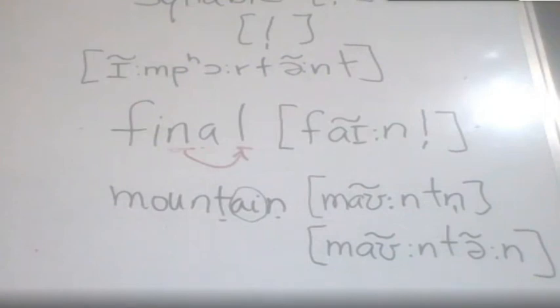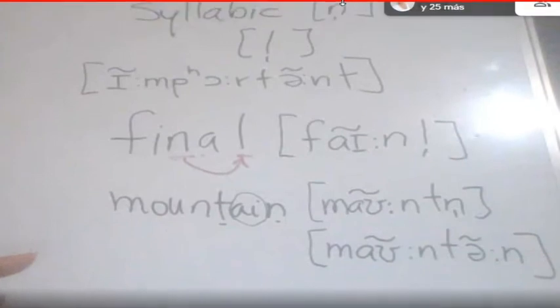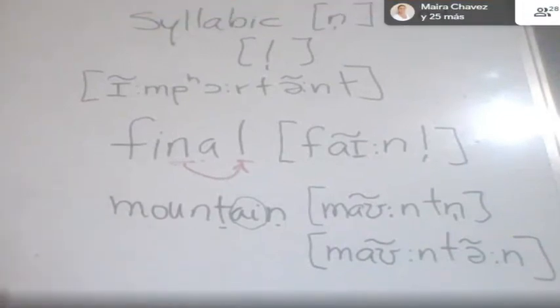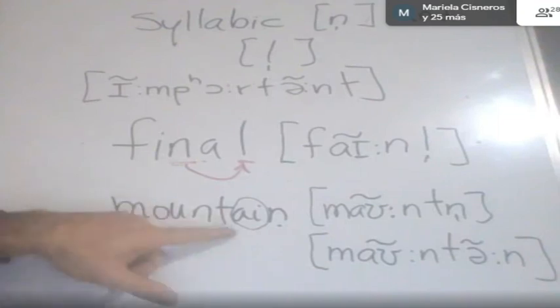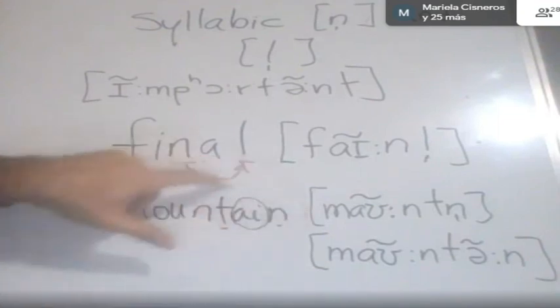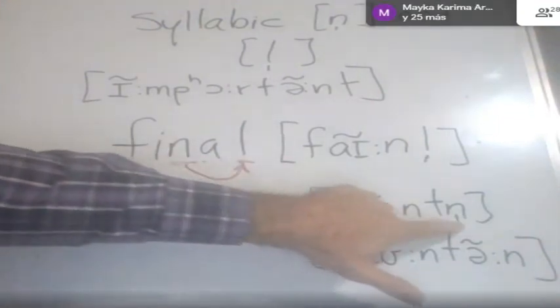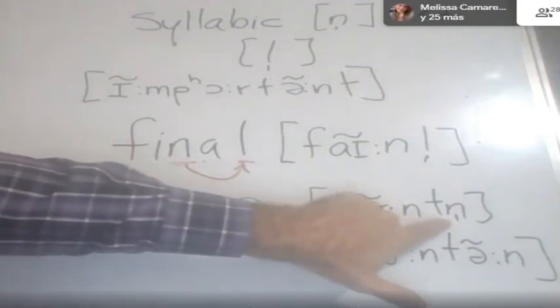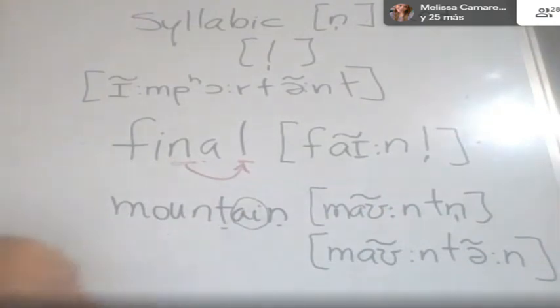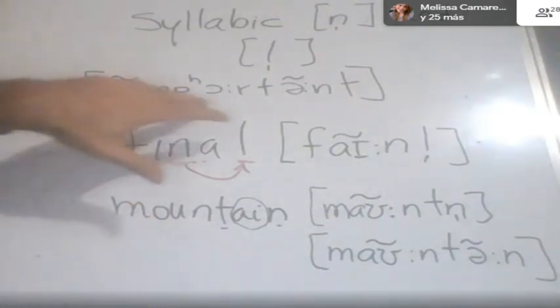So next time you pronounce, for example, mountain, it will be easier for you, because there are some people that have a lot of problems pronouncing this word because they don't know how to pronounce the last part of the word, which is in this case as simple as just having a syllabic nasal consonant, right? The same happens with important.